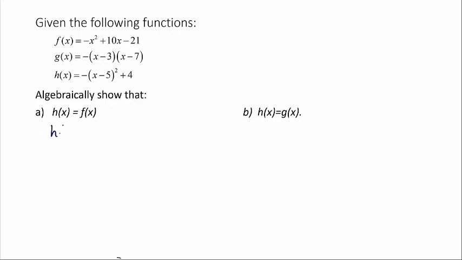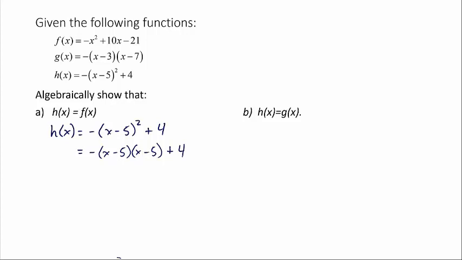So what is h of x? We're given that h of x is equal to negative x minus 5 quantity squared plus 4. The first thing that you need to do is to FOIL that, right? So we're going to have negative x minus 5 times x minus 5 plus 4, because when you have a binomial squared, you actually have to FOIL that out.